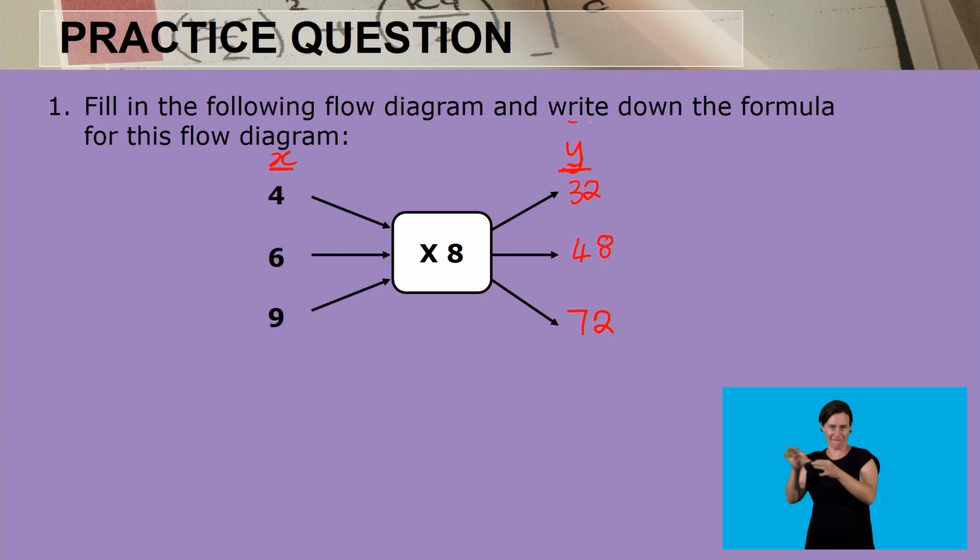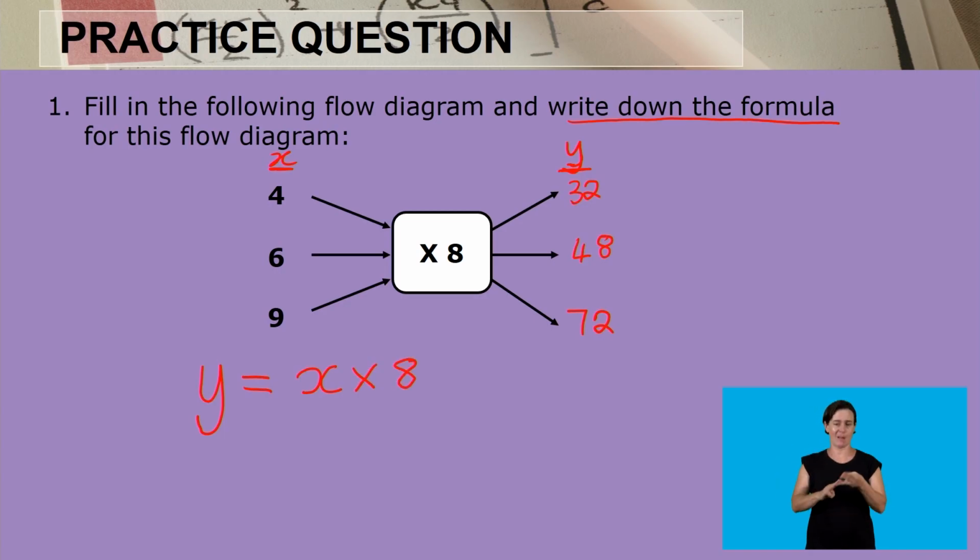Now we need to write down a formula for this flow diagram. Remember, a formula is the rule represented using symbols. So we are going to represent our flow diagram using those symbols. We know that the output value was obtained by taking the input value and multiplying it by 8.